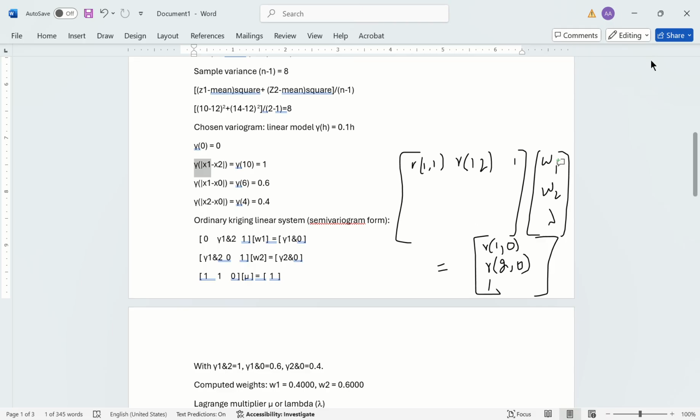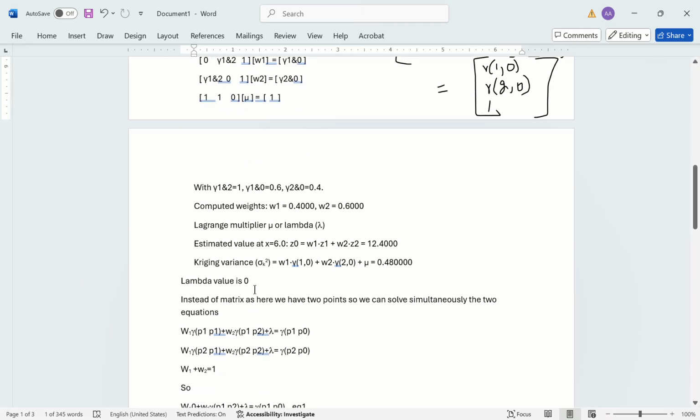or let me make it simpler. Come over here. Instead of matrix, we will solve it using equations. You know, the Kriging equation is W1 semi-variogram of point 1, point 1, plus W2 gamma semi-variance point 1, point 2, and if we had 3 or 4 points, then W3 gamma point 1, point 3.